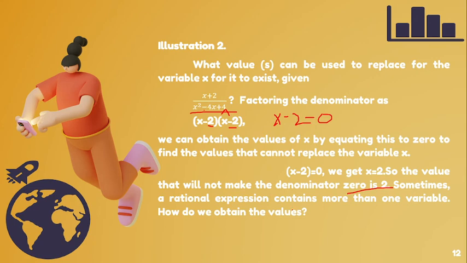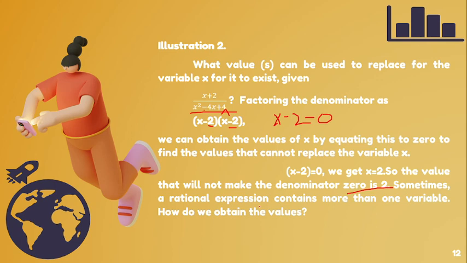Sometimes our rational expression contains more than one variable. How do we obtain the values? We need to get the value of x so that our expression will be true, because if the denominator makes it 0, our rational expression will be undefined.